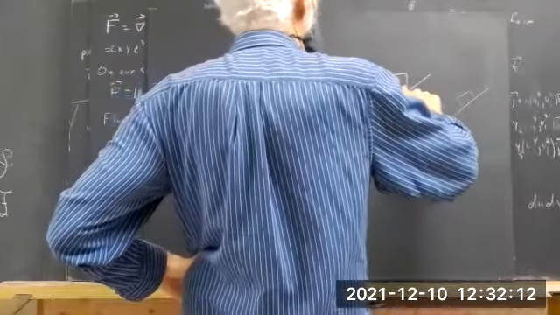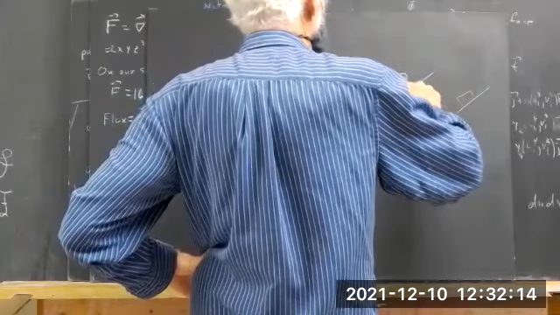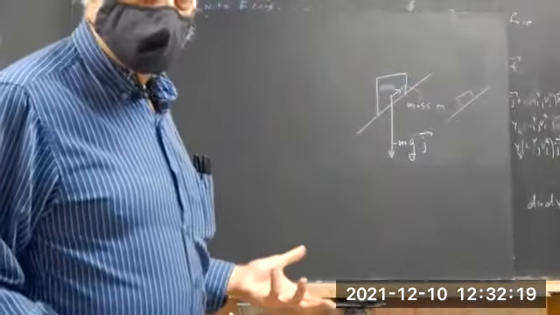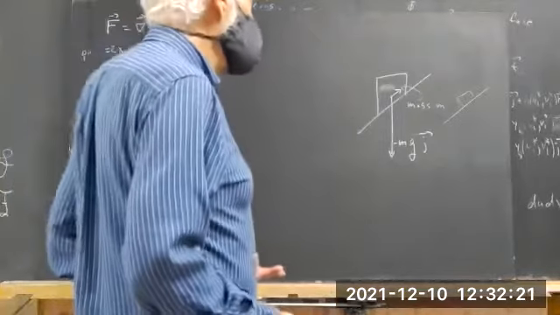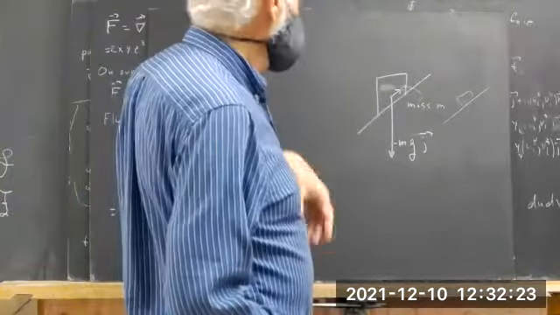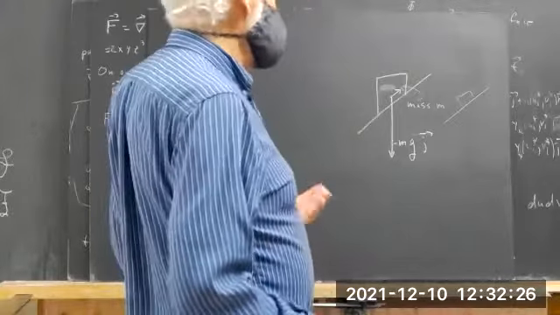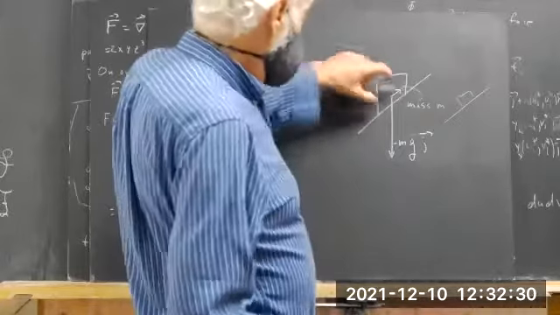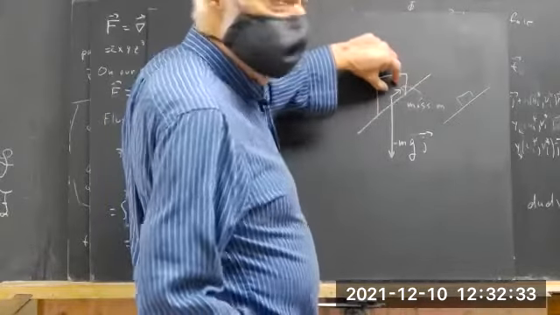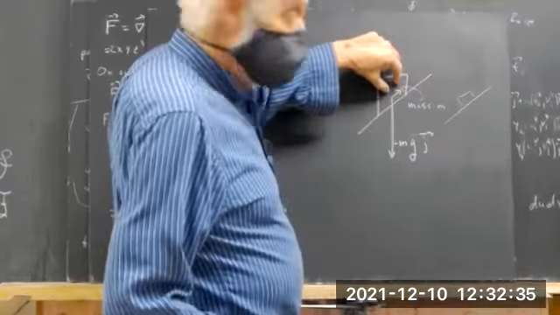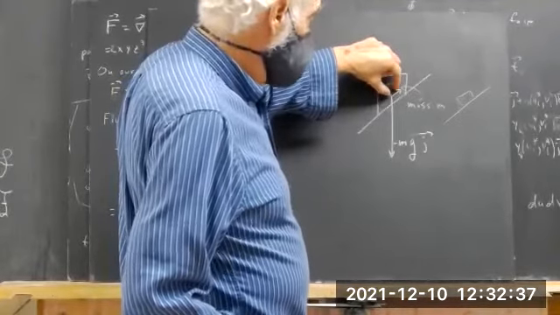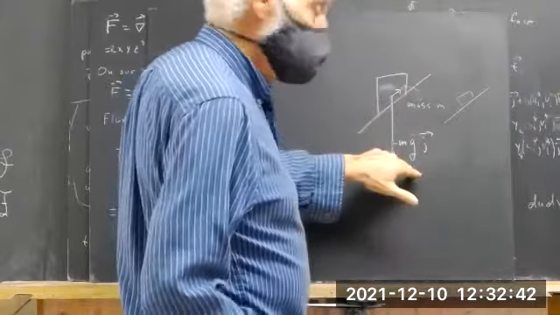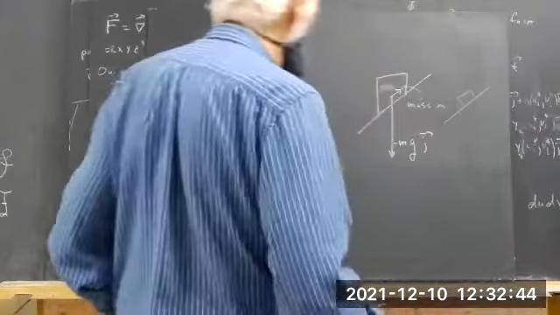Well, you have friction, which is equal and opposite to the direction of motion, or equal and opposite to the other forces in this direction. Because if the coefficient of friction is high enough, this is going to be stationary, and the frictional force is going to be equal and opposite to the horizontal component, or the x component, of this force. I will see that in a minute.